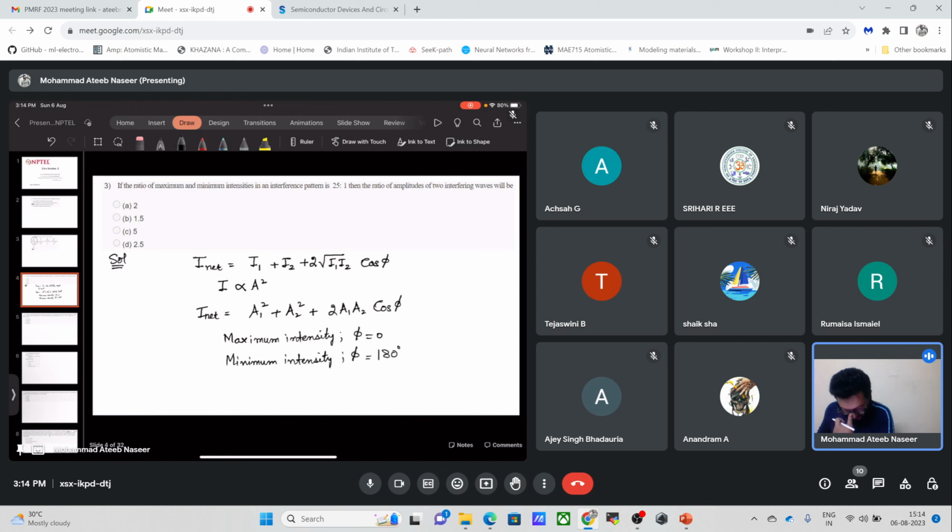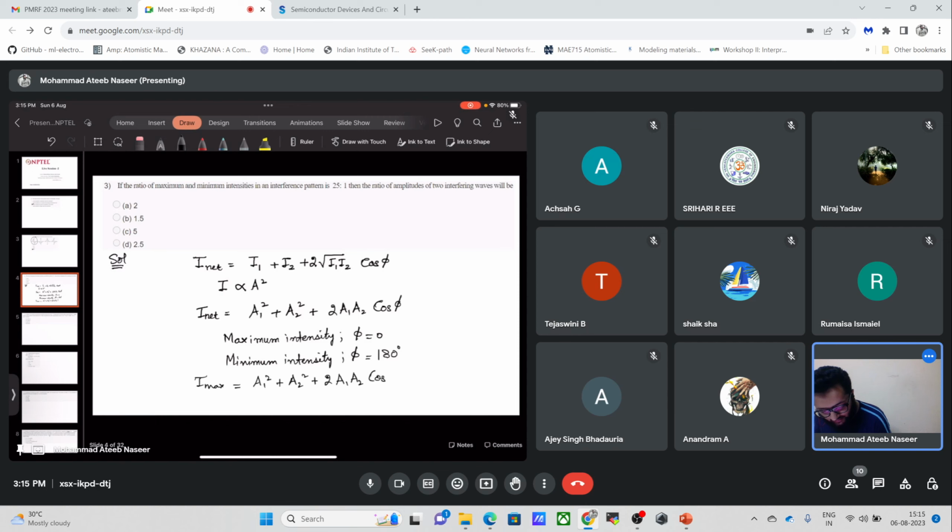So we can now put these values for phi and obtain the maximum and the minimum intensity. The maximum intensity value will be A1 squared plus A2 squared plus 2 times A1 A2 cos of 0, which is 1.